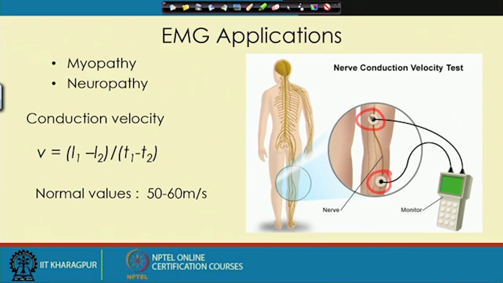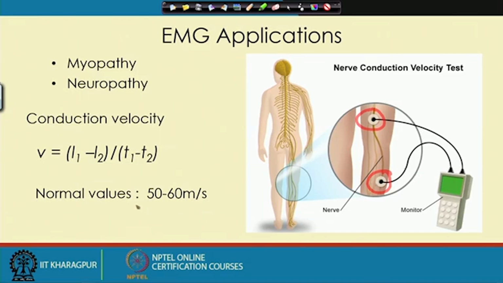Now, first the signal will come here and then to the next point. So, what we look at is the time difference between these two, and thereby we can get the velocity of the signal through that nerve.